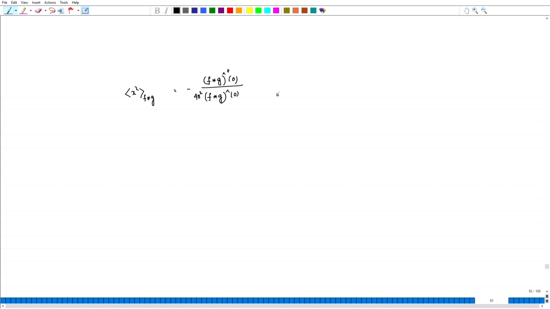Now, if we simplify this, then this is minus 1 by 4 pi square, f hat of 0 g hat of 0, that is what the denominator is, and then this is f hat g hat double prime at 0.